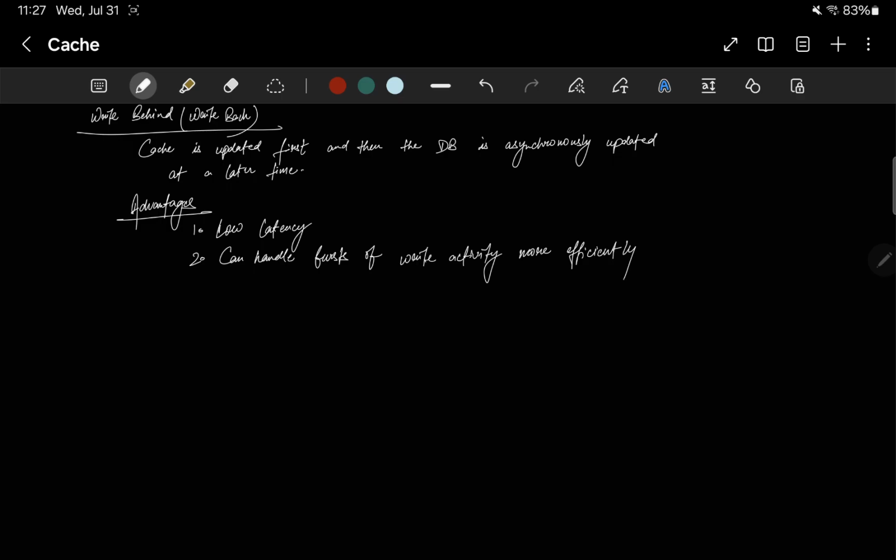So even if there are too many writes, it can be handled because cache gets updated quickly and it responds, allowing for the further writes.